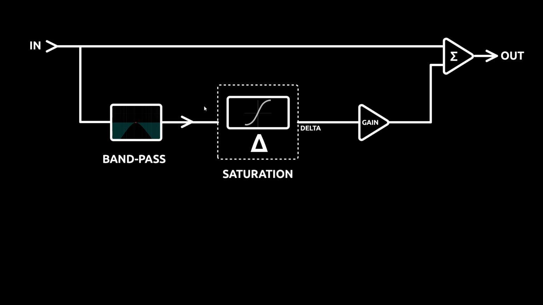Now we extracted the delta signal from a saturator, but what happens if this is a compressor instead? And are there other things that you can put in front or after the delta stage? And what happens if you flip the polarity of the delta signal?